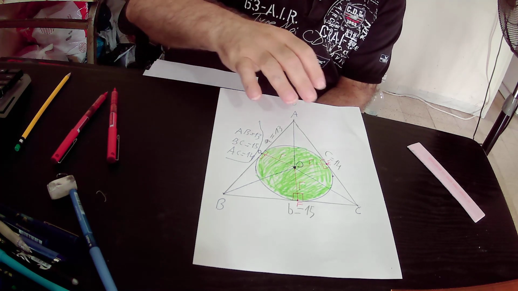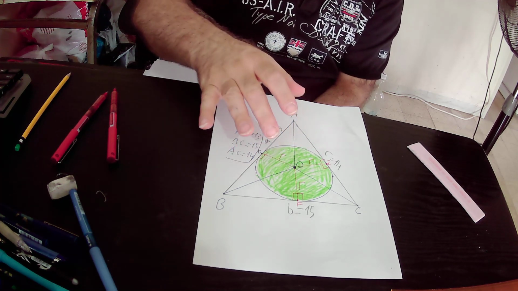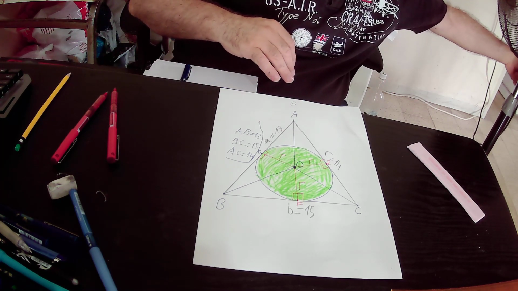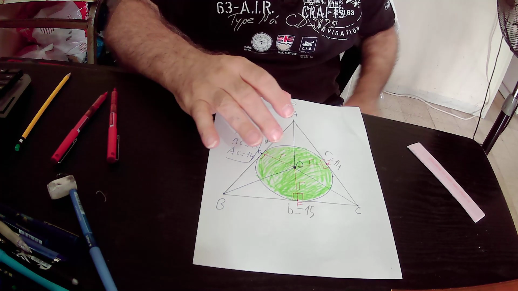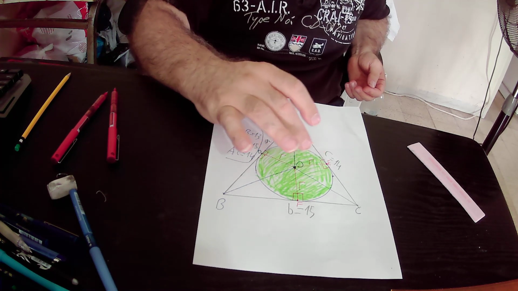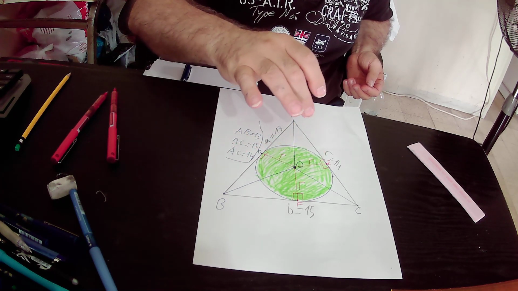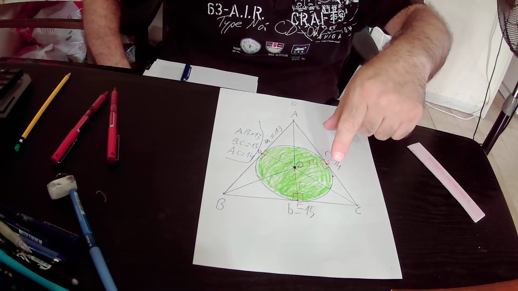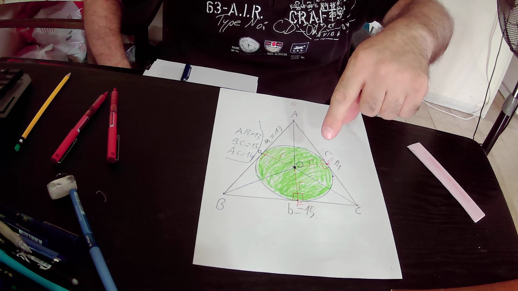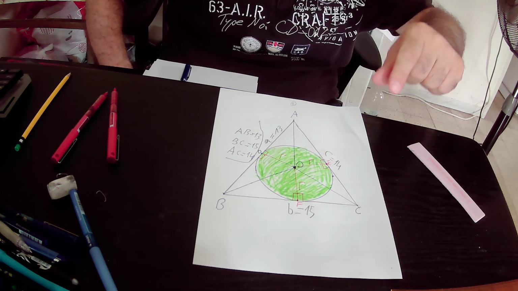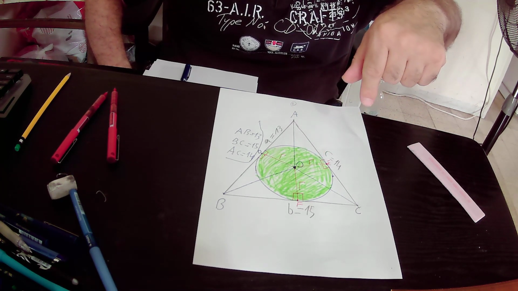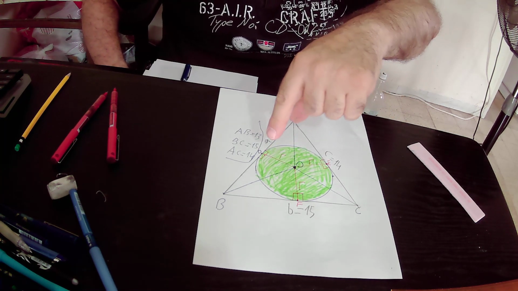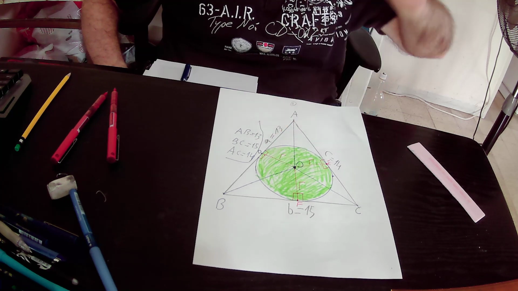And we know that the area of triangle ABC equals 84 square units, which equals the sum of the areas of these small triangles. That is the area of triangle AOC plus the area of triangle BOC plus the area of triangle AOB.